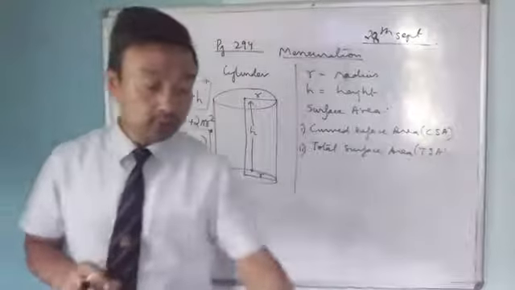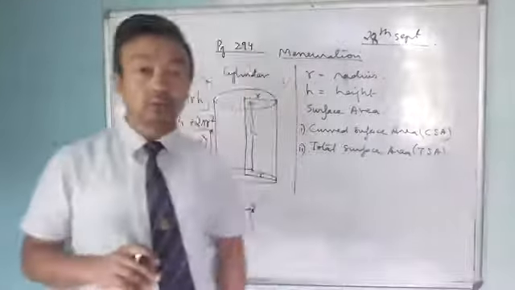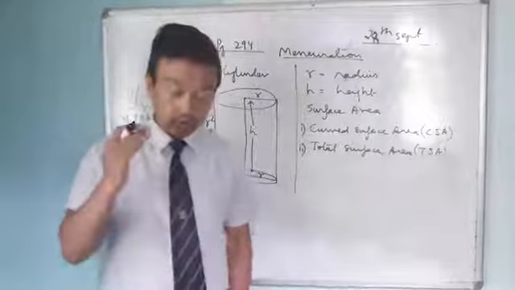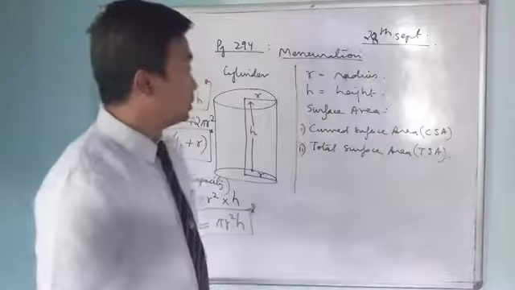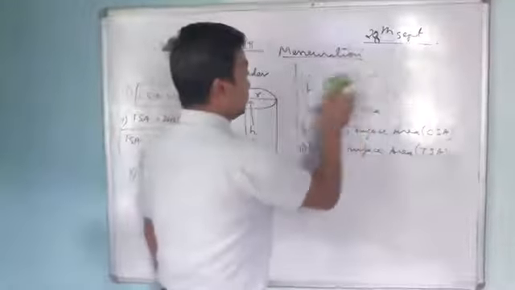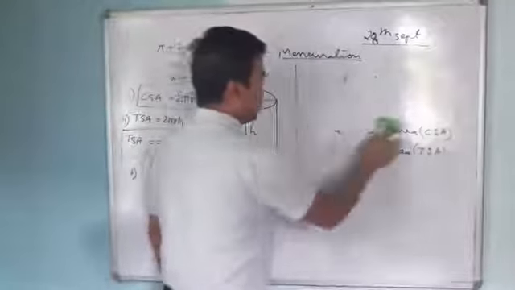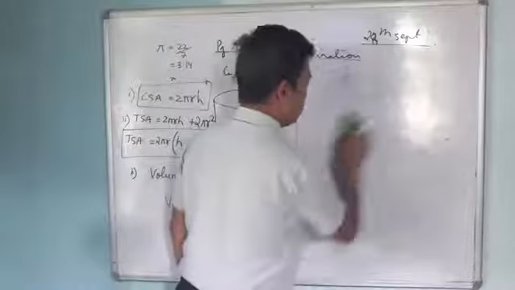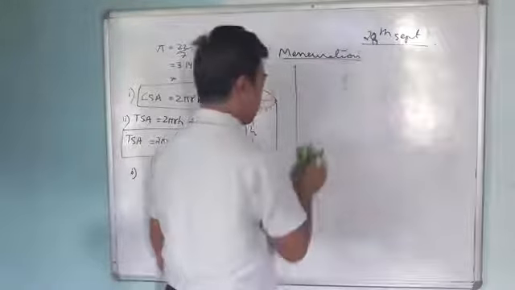Okay, so now we have two other solids, that is the cone and the third one is the sphere. So let me discuss the cone quickly, because the cone and the cylinder are very, very similar.